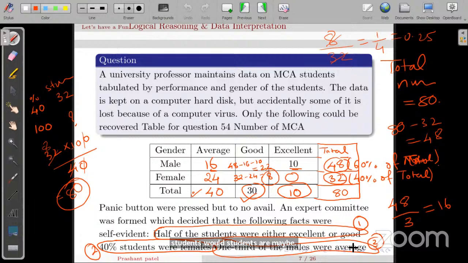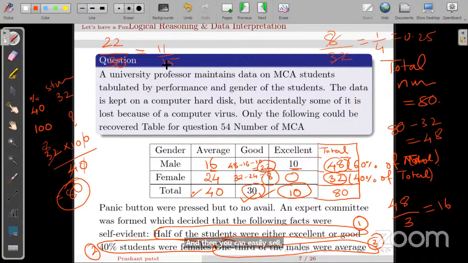So what do I have to do now? I have to take the proportion of good students. So that is 22, and the male ones, that is 22, divided by, so the answer is 22 by 30, which will be, 2 gets cancelled, 11 by 15, and then you can easily simplify this.